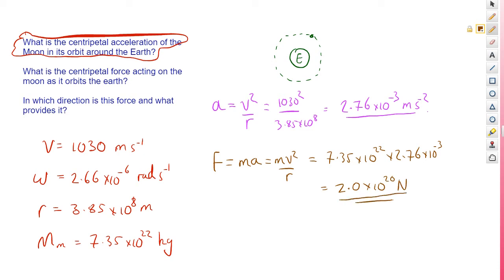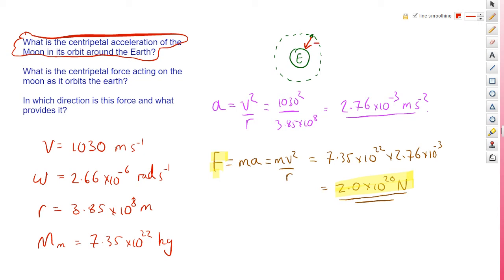That's quite interesting. That's the size of the centripetal force which is making the moon move in a circle around the Earth.